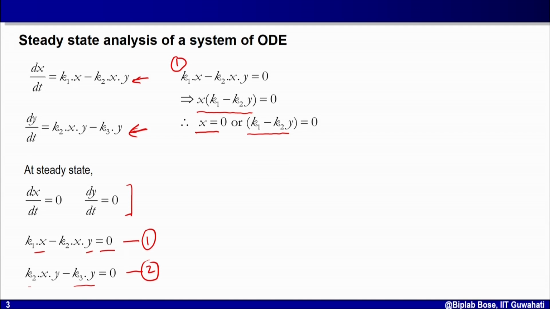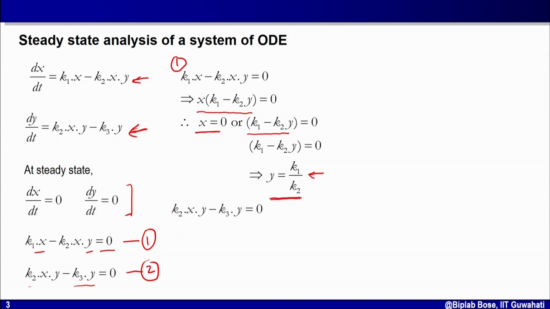If k1 - k2 y = 0, I can separate out y on the left hand side and the rest on the other side, and I get y = k1/k2. So from the first equation I am getting either x = 0 or y = k1/k2. Now we will put these values in the next equation to solve.